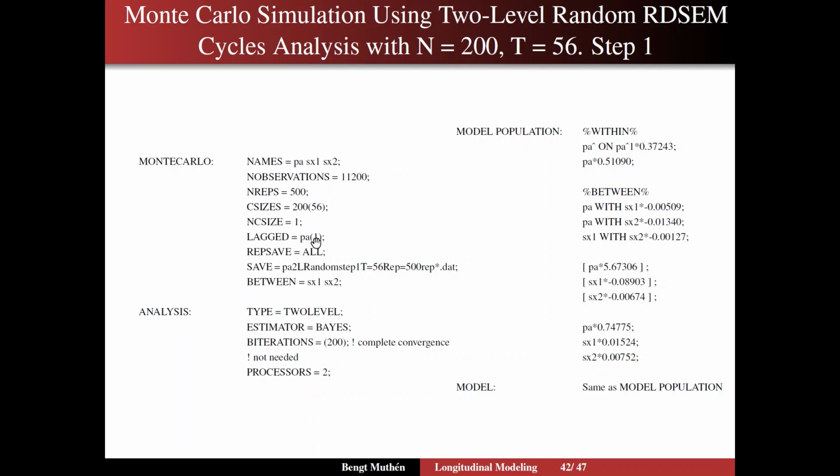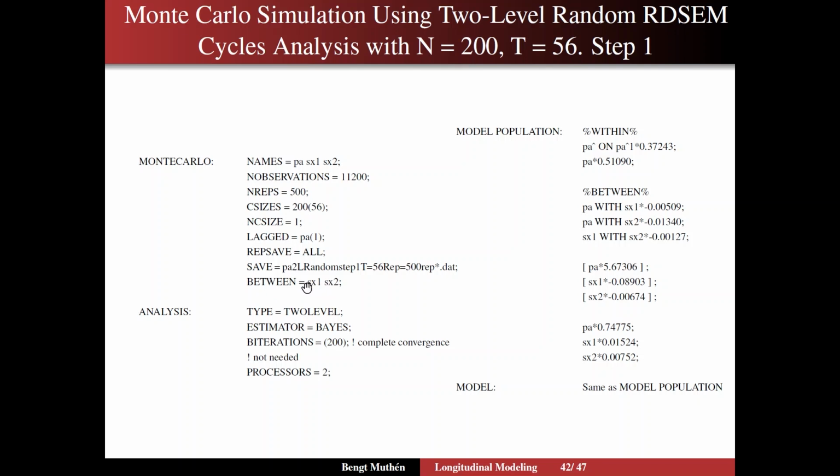We have a lagged variable, and we want to save all of these 500 replications, the data sets that we generate in this fashion here. We have this star asterisk feature to represent that we do 500 of these data sets. And we're going to declare SX1 and SX2 as between level variables.